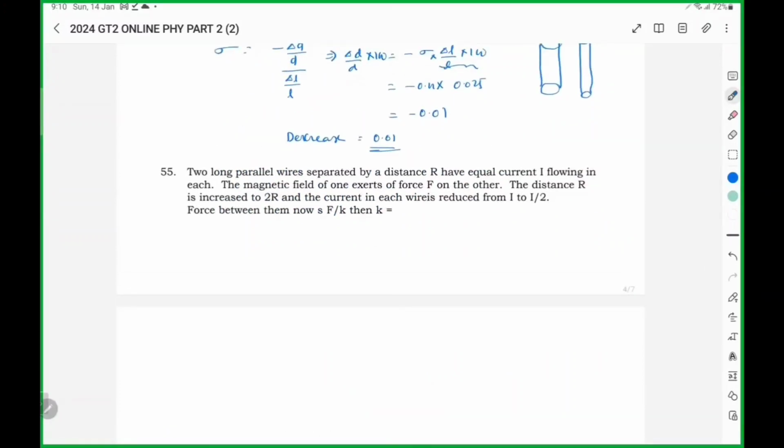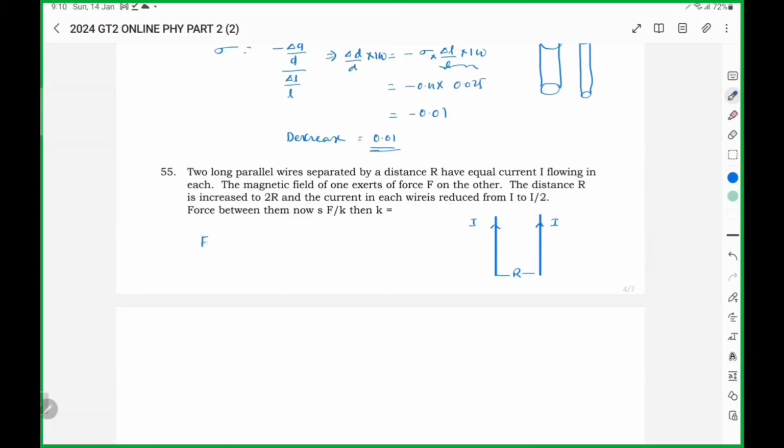There are two long parallel wires separated by a distance r, having equal current flowing in each. The magnetic field of one exerts a force upon the other.